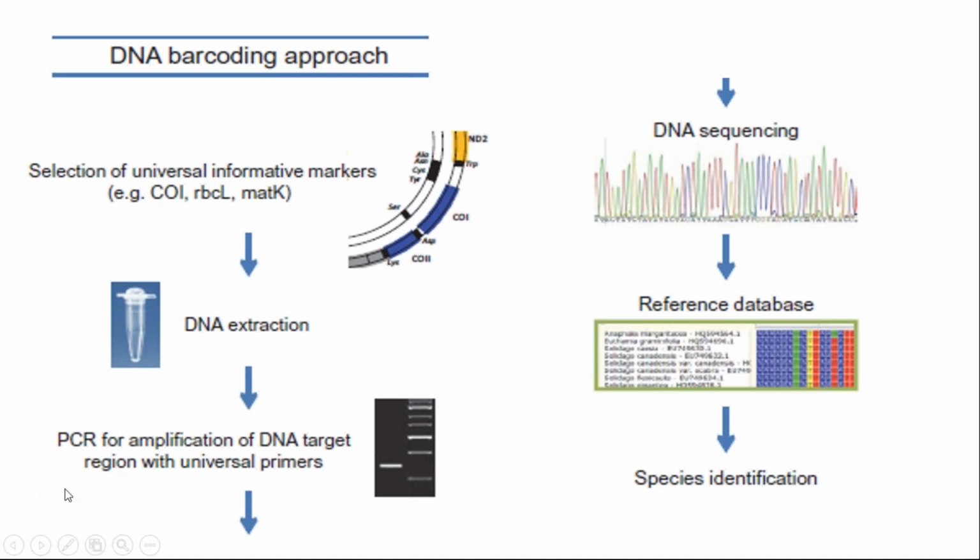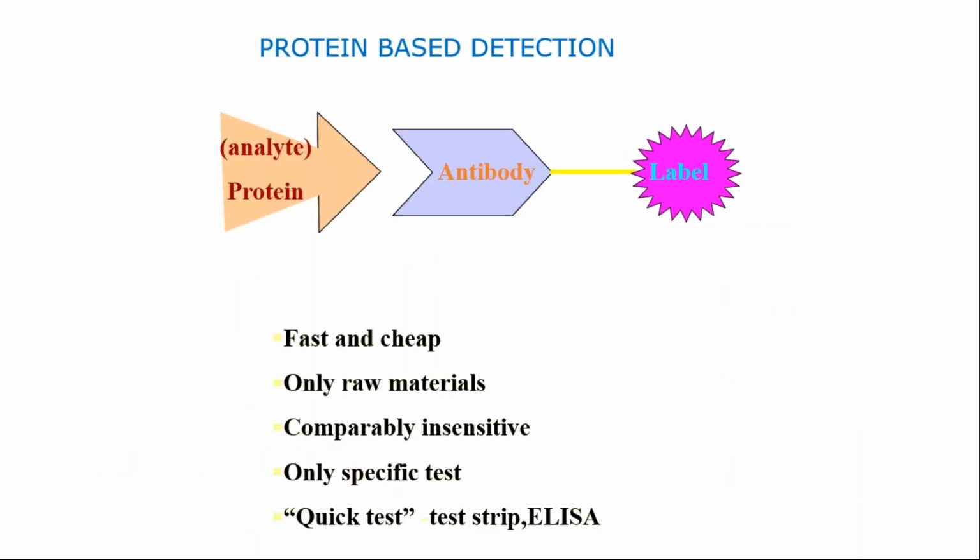You amplify the DNA by doing a PCR, and then the target amplified regions, you sequence them, and then you compare that sequence with the reference database, and by comparing it with the reference database, you can identify the species. Nowadays, the databases for whole genome sequences are available, so you can identify the species from the DNA sequence.